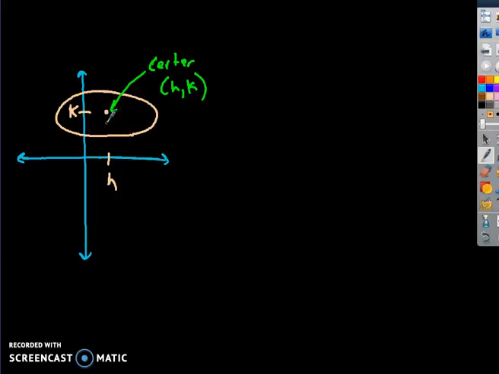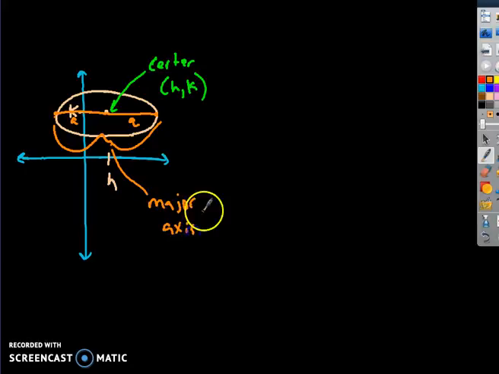So that center there is (h, k). And what we know in an ellipse is that the length from the center to the vertex is a. So the center to the other vertex is also a, meaning that this major axis from here to here is equal to 2a, or twice a.